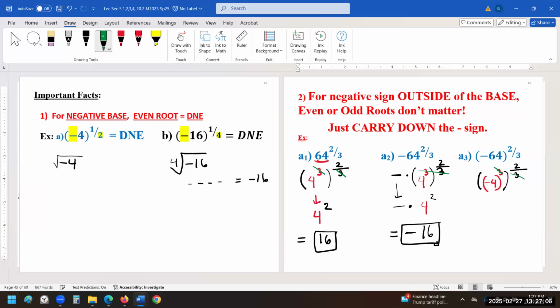Same thing happens. The 3 cancels out. But our base is negative 4, so you must bring your parentheses down with your base because you have a power outside that you have to apply. So what's the answer this time? 16.